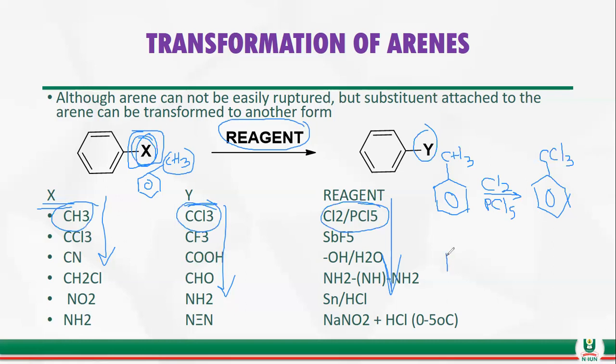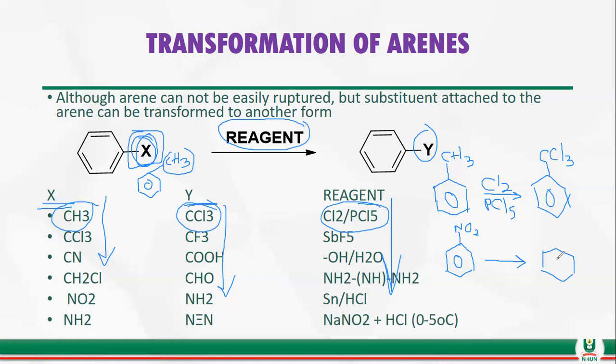Now, let me ask this question. What will you treat with this? Looking at the table that I just gave you about X, Y, and the reagents, look at it carefully and use it to answer this question. I want to convert nitrobenzene. Nitro means NO2. I want to convert it to aminobenzene or aniline.